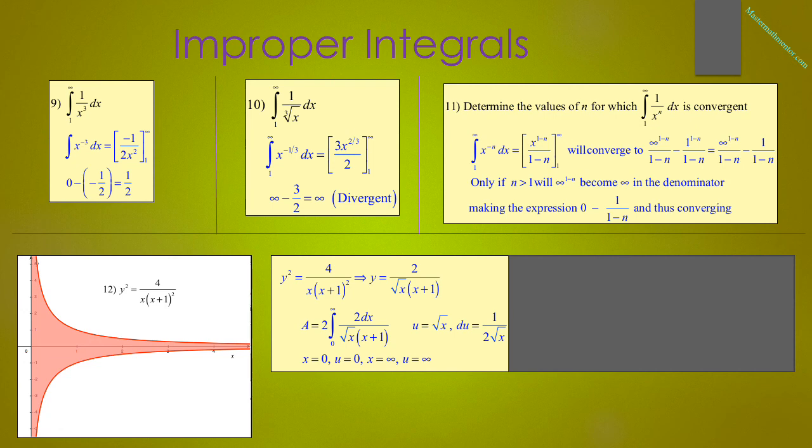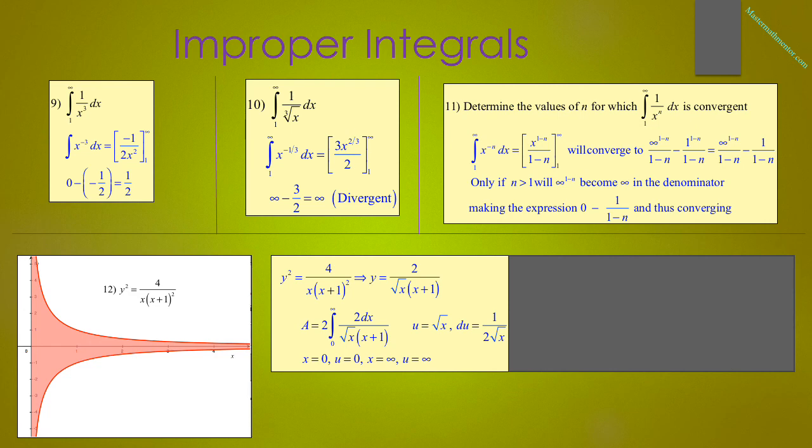We need to integrate this expression from 0 to infinity. And that will give us the area of the top piece. So since the curve is symmetric to the x-axis, we can double it.